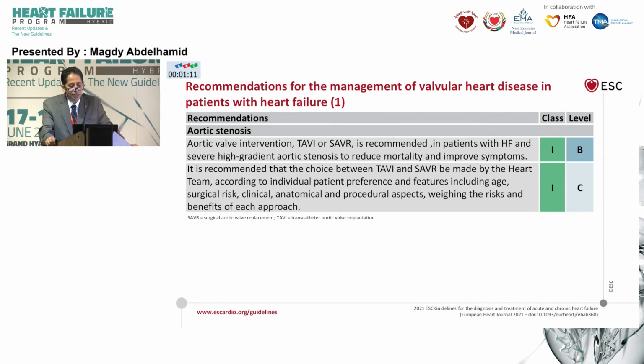And the guidelines recommendation for TAVI or surgical aortic valve replacement, class 1B recommendation in patients with heart failure and severe high-grade aortic stenosis to reduce mortality and improve symptoms. Heart team approach is important to define which procedure, TAVI or surgery, is recommended according to the surgical risk.